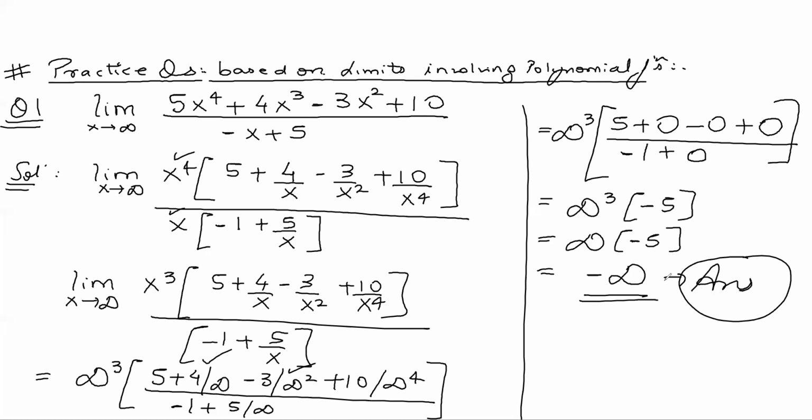So hoping students have understood this. For practice, let's solve another question. Let us evaluate limit as x tends to minus infinity, 2x plus 3 upon minus 4x plus 5. So guys, degree of the polynomial in the numerator 1, degree of the polynomial in the denominator 1. How will we solve this?